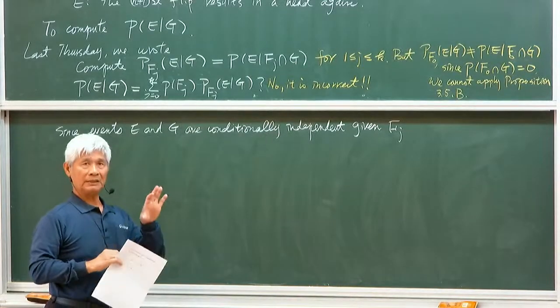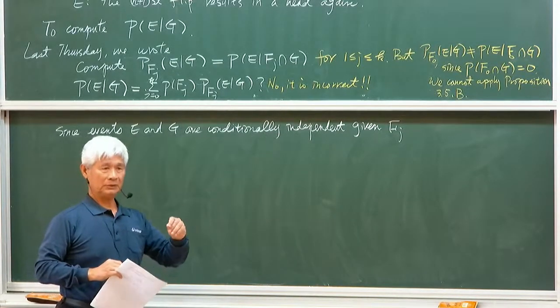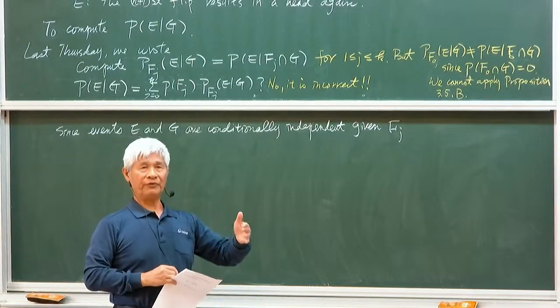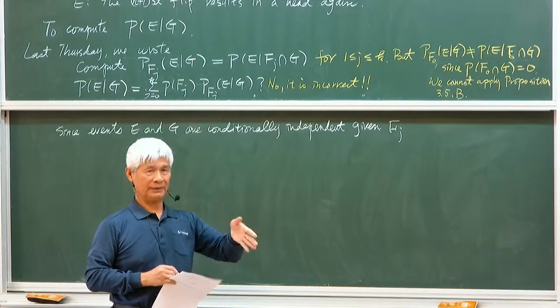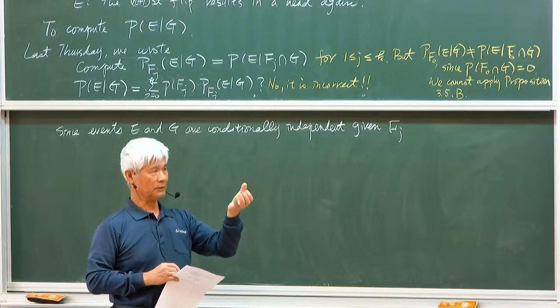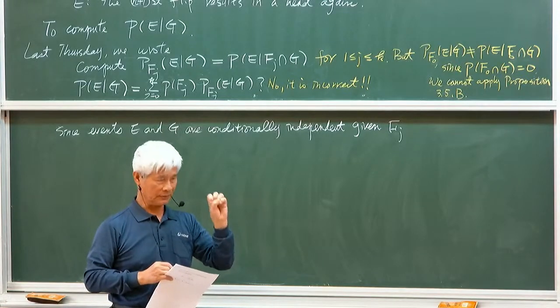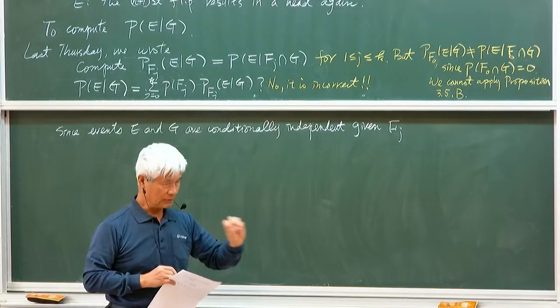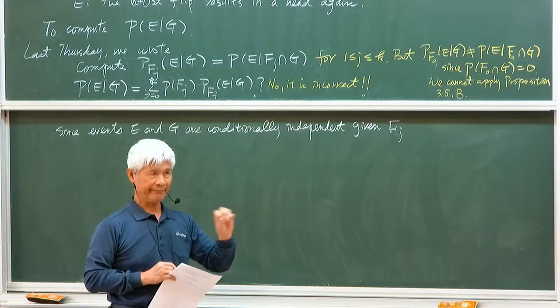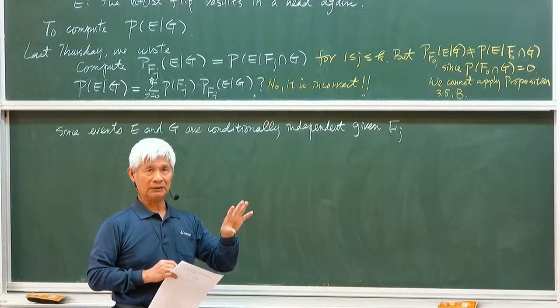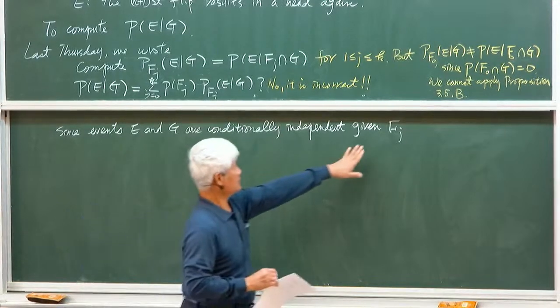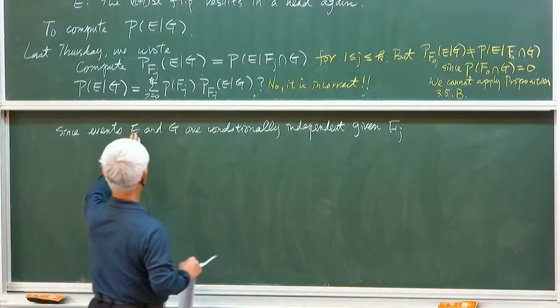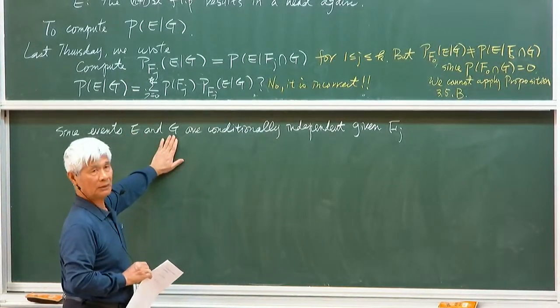So once we select a coin, then we perform independent tossing of coins, right? Because when a specific coin is selected, we use that coin to do tossing. Okay, and in the tossing, every trial is independent of each other. So given this event, event E and event G will be independent. Why?